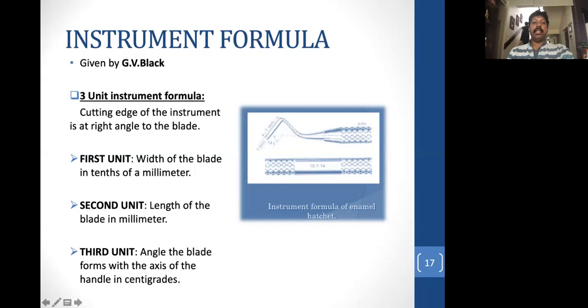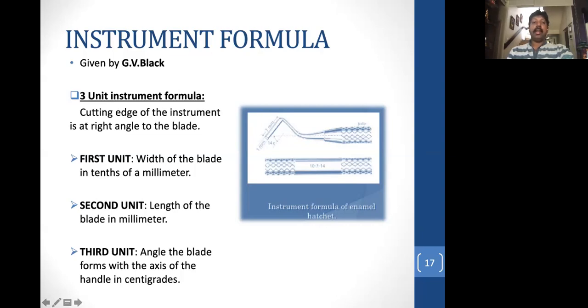And the third one is the angle of the blade, the angle the blade forms with the axis of the handle. Say this is a blade and this is a handle, right? That is a shank. Shank is the area that connects the blade to the handle. Like this, it goes like this, and this is the blade. Leave the shank aside.